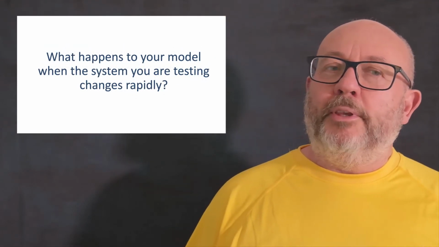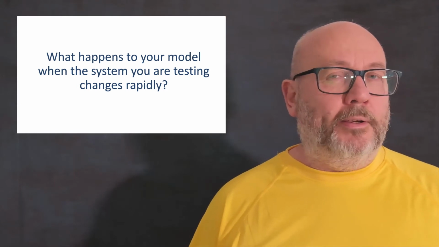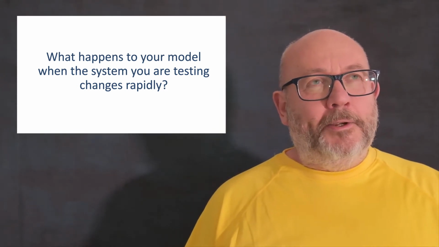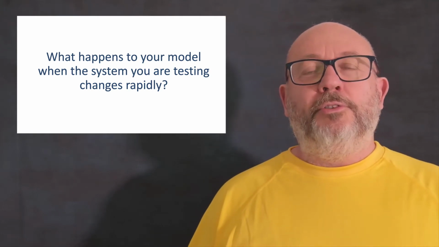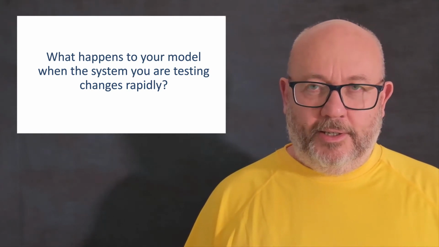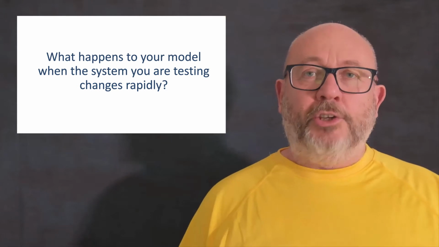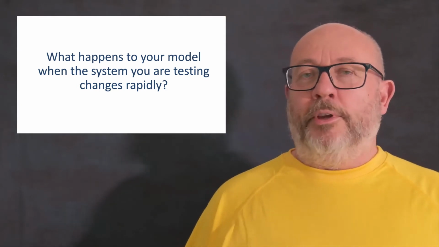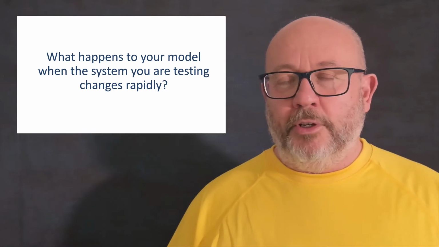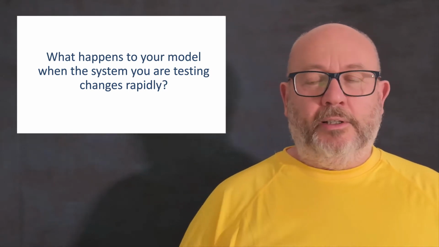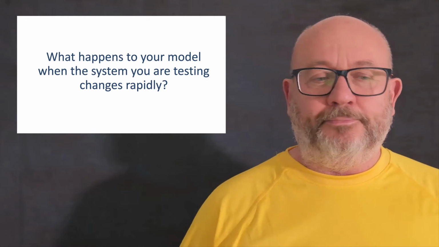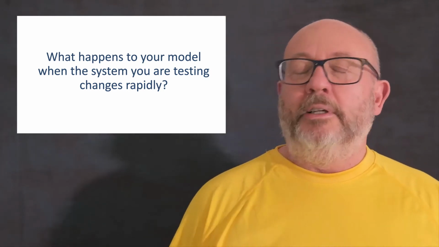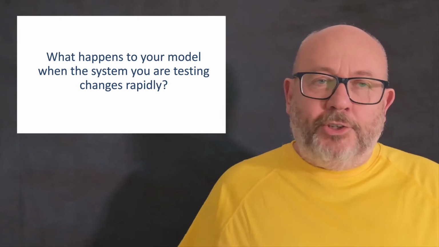What happens to your model when the system you're testing changes rapidly? This is a slightly different question. Well, I think if the tool can recognize differences, which in principle it should be able to do, to identify new fields on screen, whether it's doing it through image recognition or by using the domain model, the document model rather, I think it should work faster.